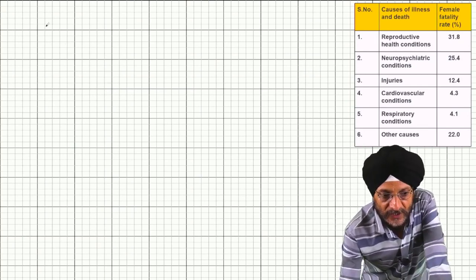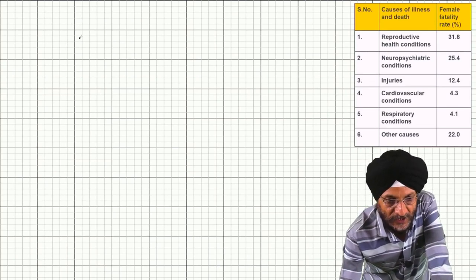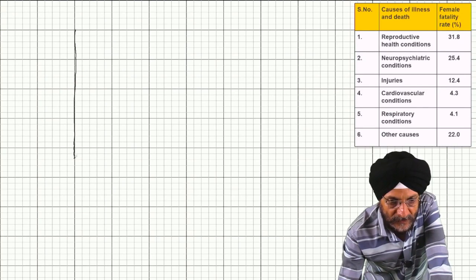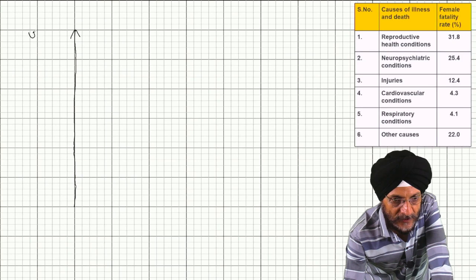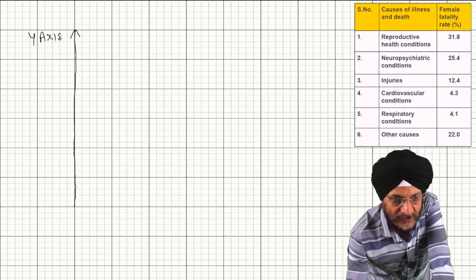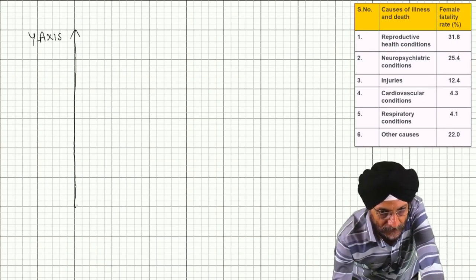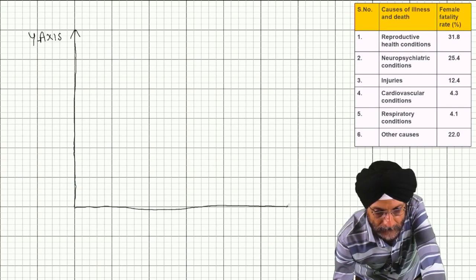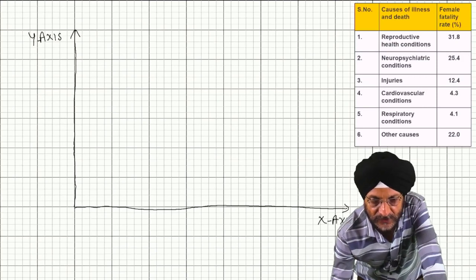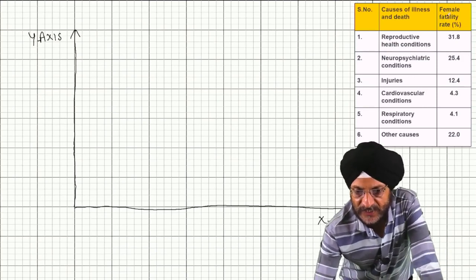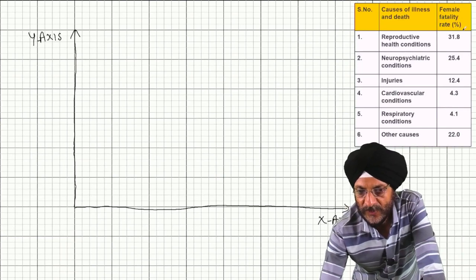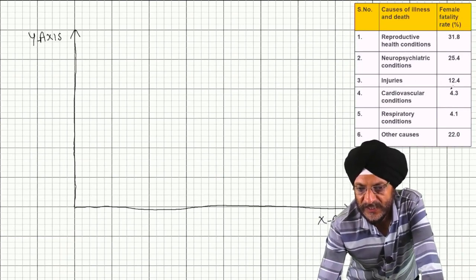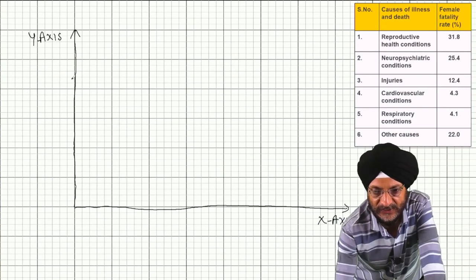So now it is the y-axis which we will draw here. This is the y-axis. This is the x-axis. The information which is changing is female fertility rate. Normally the information which changes is taken on the y-axis.